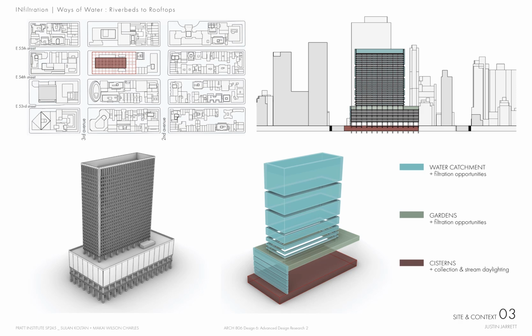The lower roof already has a small garden on the southwest corner, but there's a lot of opportunity for extended gardens and filtration down the facade of the lower portion of the building, and then finally into the cisterns and collection points, and a potential for stream daylighting.